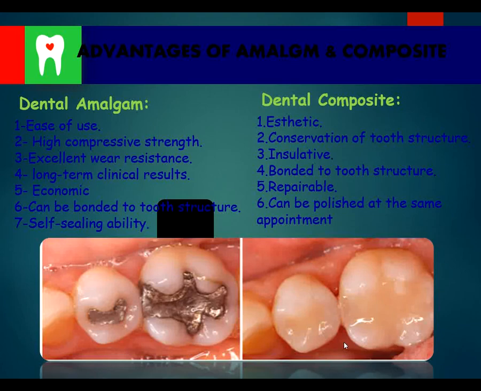On the other hand, composite restorations are more aesthetically good. Conservation of tooth structure, because if there is a small carious lesion, then we have to remove just that carious lesion. There is no need to make a proper cavity, just like in case of amalgam restoration.